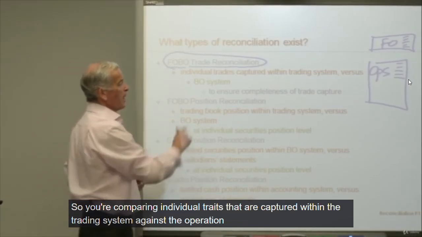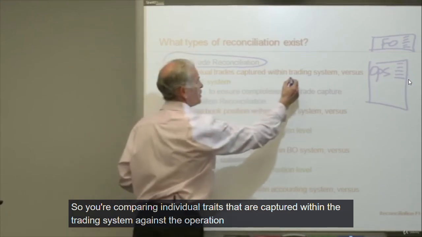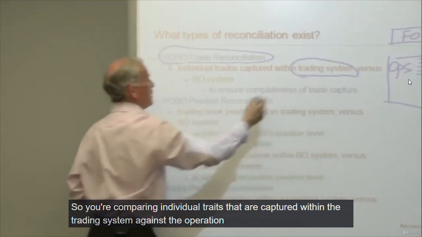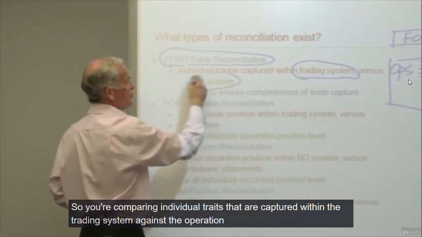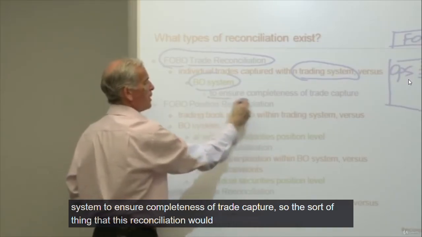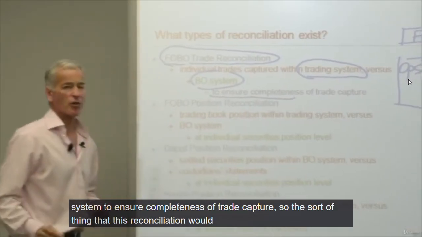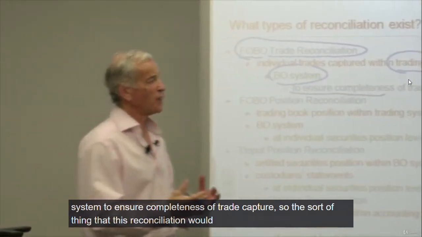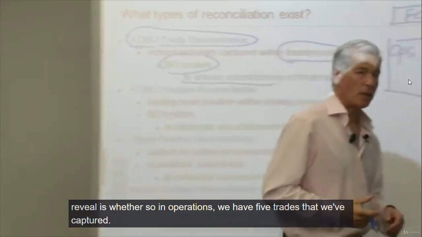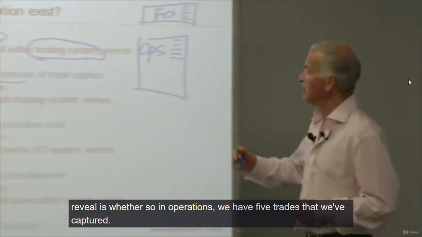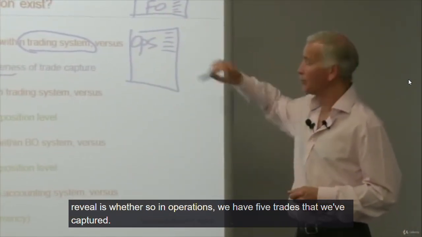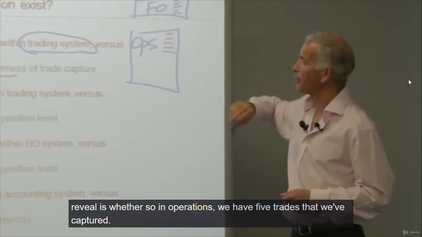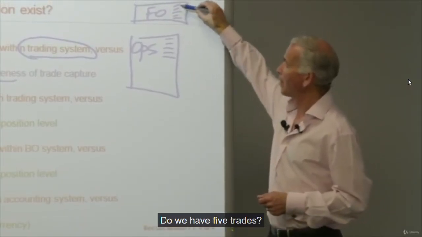So you're comparing individual trades that are captured within the trading system against the operations system to ensure completeness of trade capture. So the sort of thing that this reconciliation would reveal is whether, in operations we have 5 trades that we've captured, do we have 5 trades?